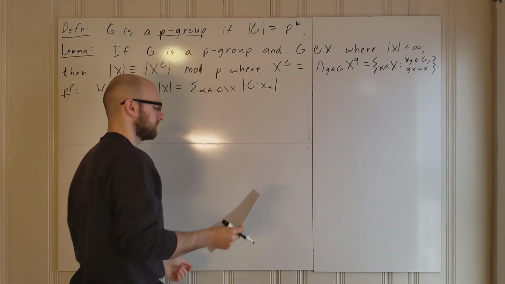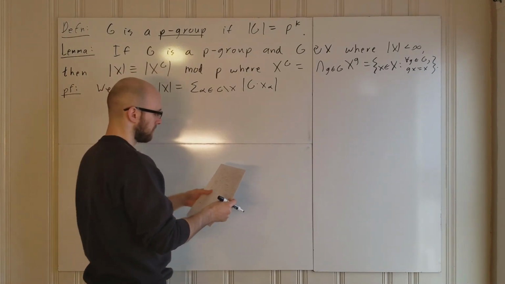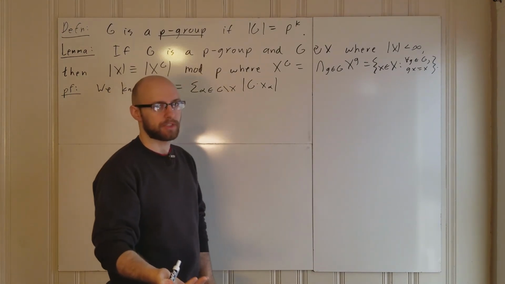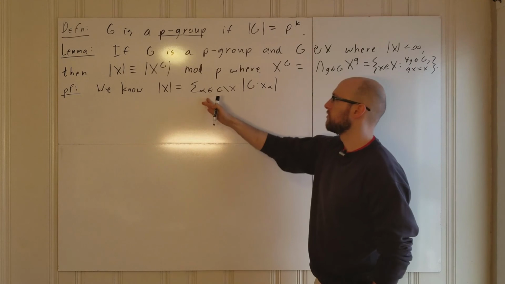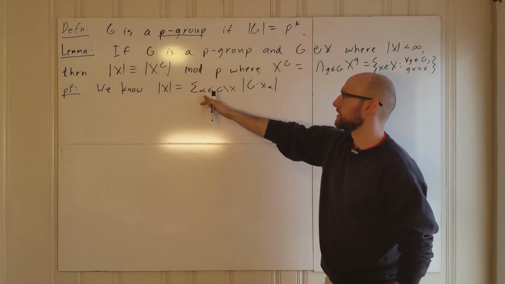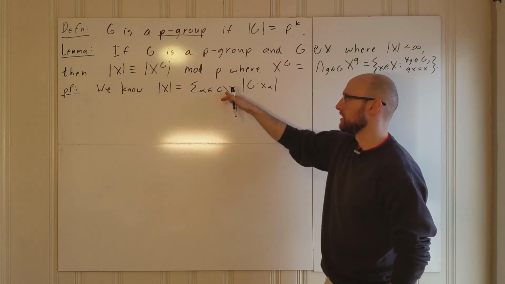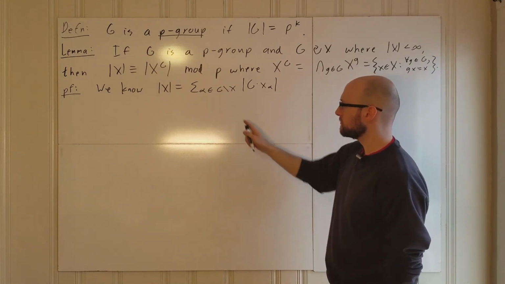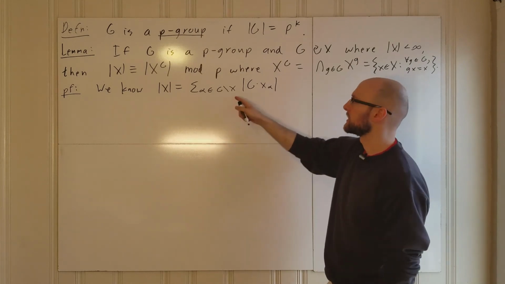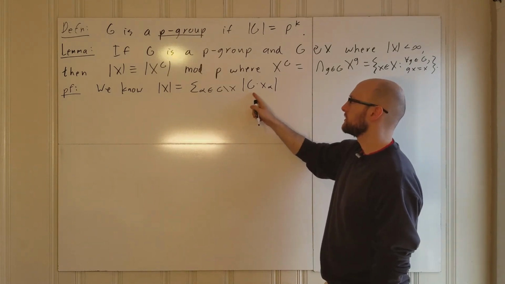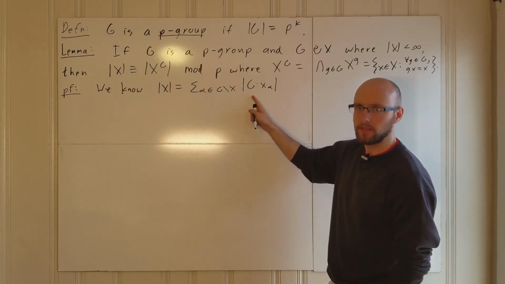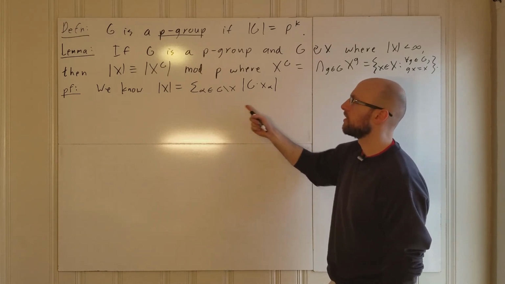X alpha is just some representative in X of this orbit alpha in G\X, the collection of orbits in X. If you take the orbit of this, then by definition that gives you all of alpha.